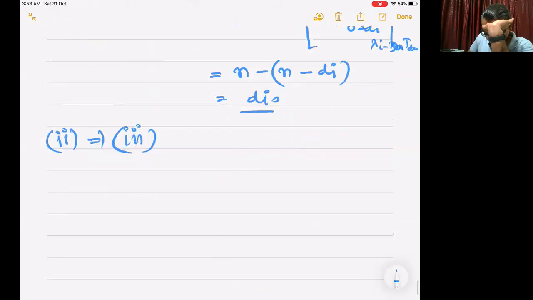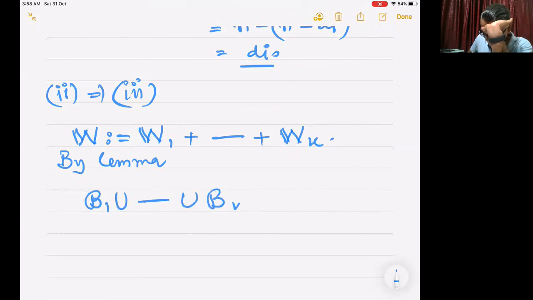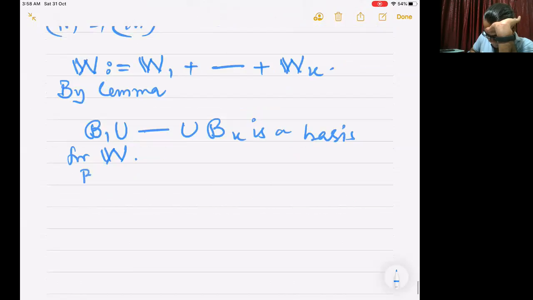So if I define W as the summation W1 plus dot dot dot WK, then by the lemma, B1 union up to BK is a basis for W. But what is the size of B1?